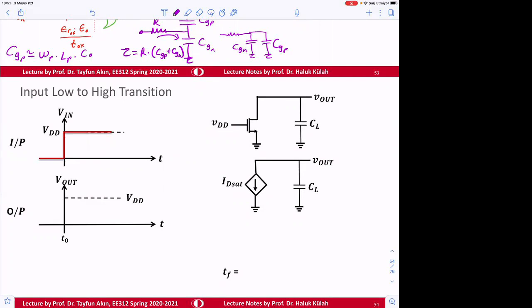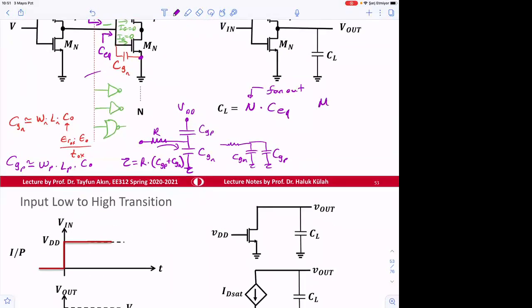So the maximum fan out will be determined by the maximum operating frequency required.